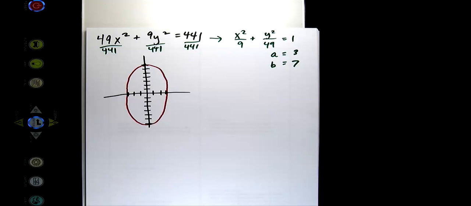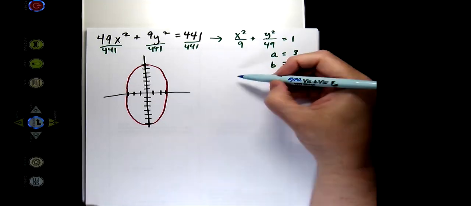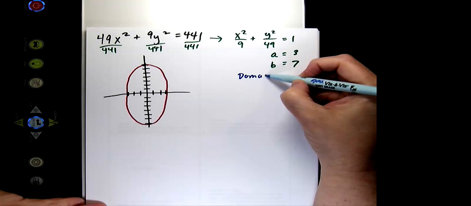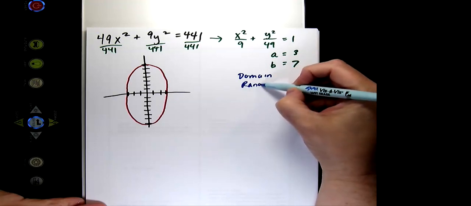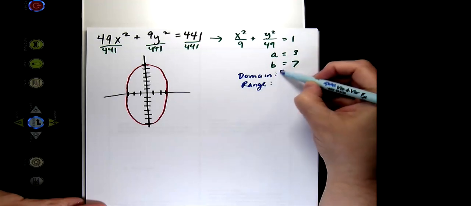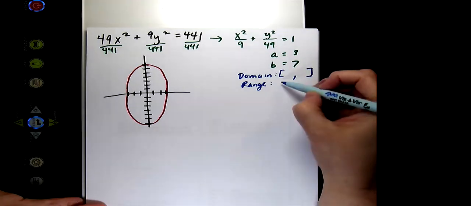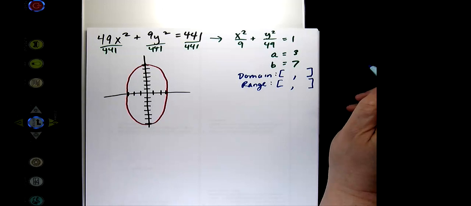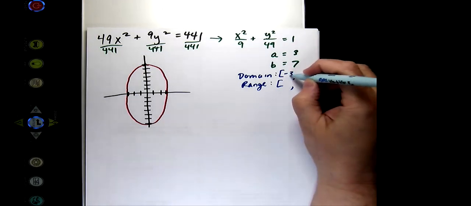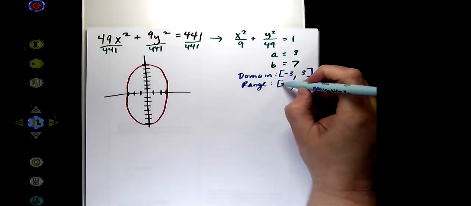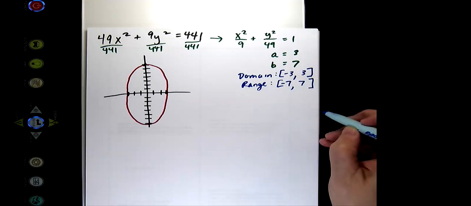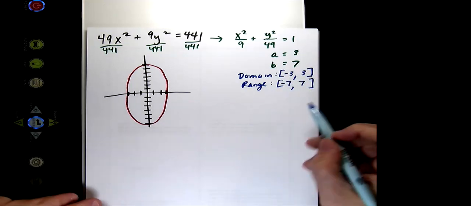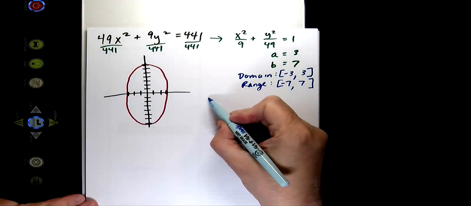What's the domain here? And range? Clearly brackets, so I won't make you say them. Oh, here's a fun question. How long is the major axis?